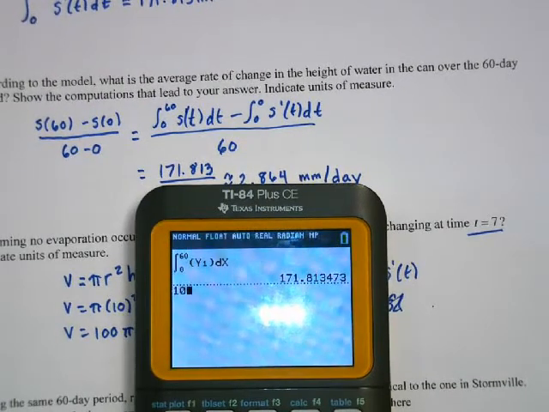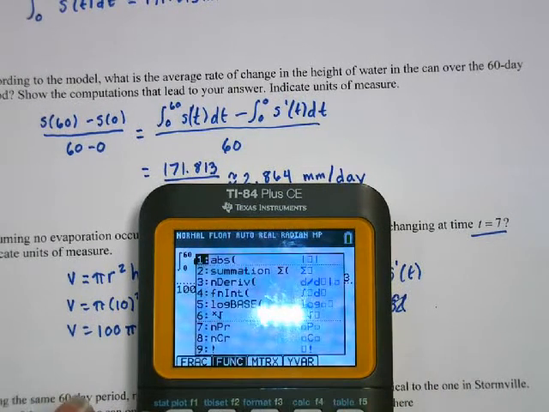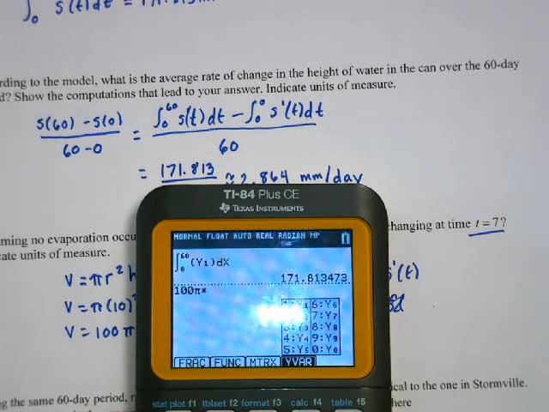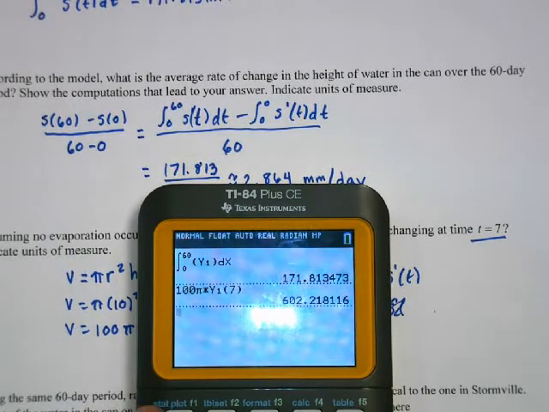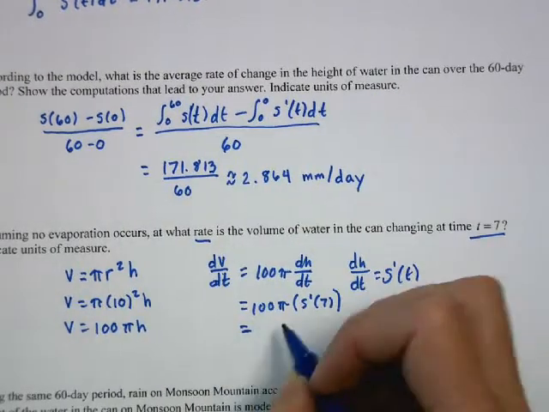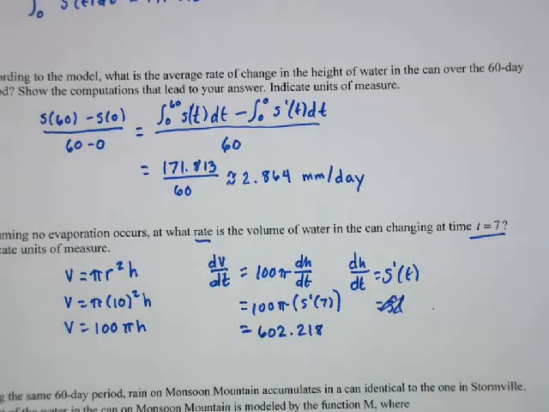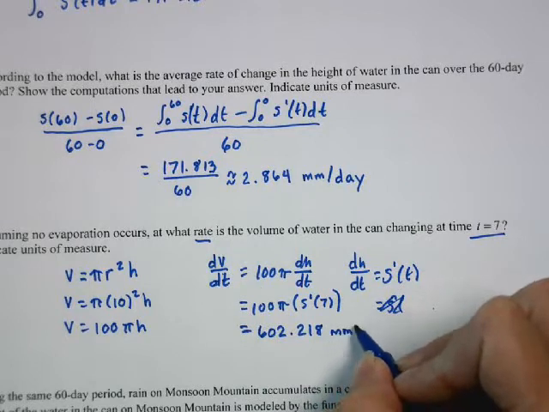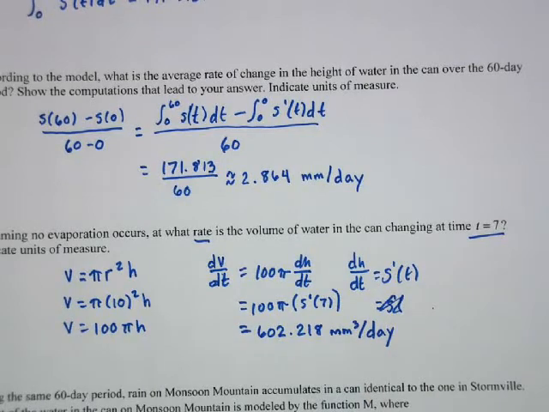So I'm going to have 100 pi times y1, because that's our derivative, evaluated at 7. That gives us 602.218. Okay, the units: it's dV/dt, so this is going to be the volume, which will be millimeters cubed, over our time units, which is days.